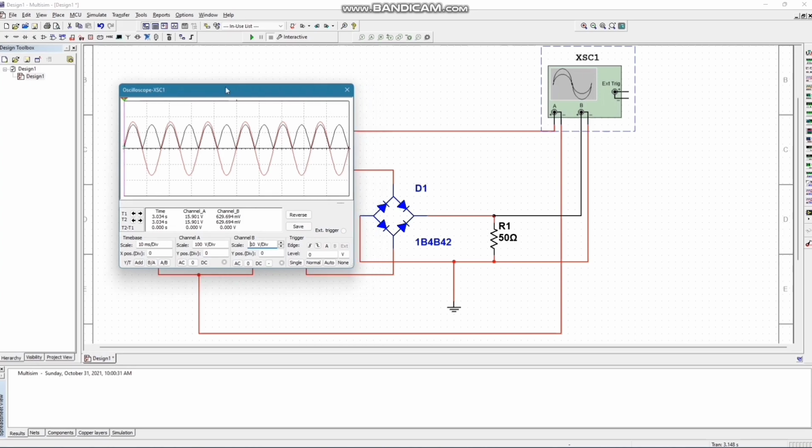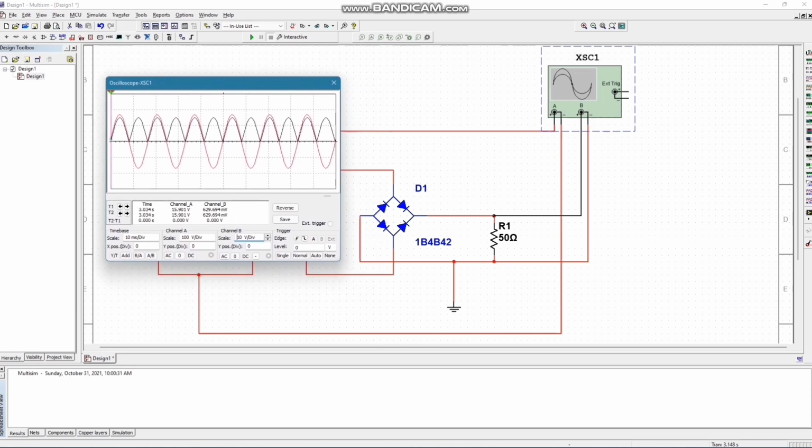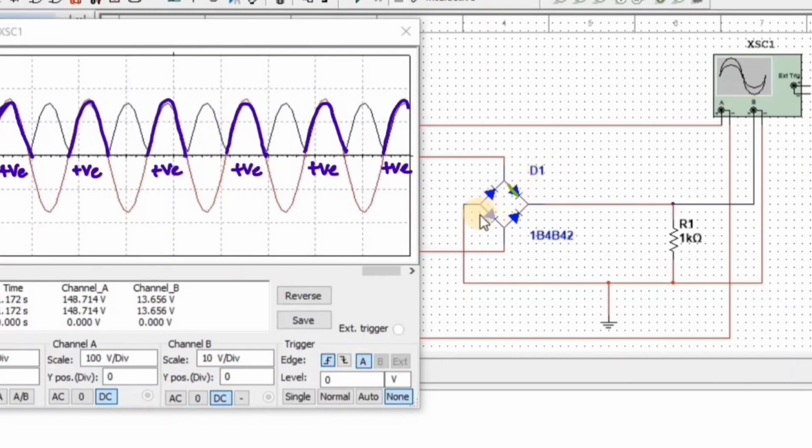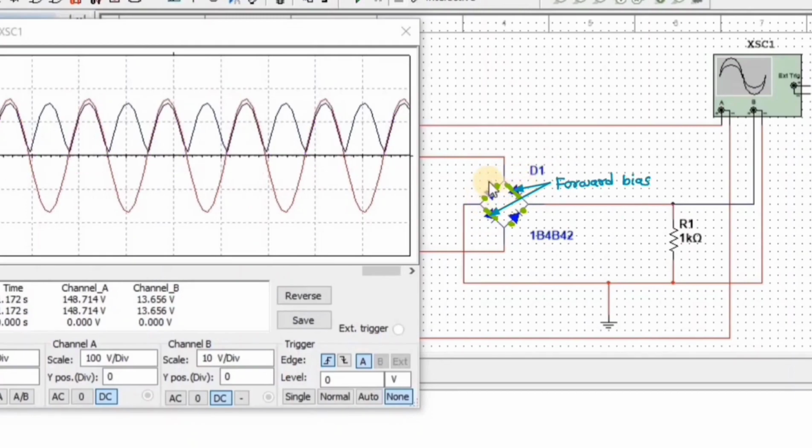Let us now talk about the working of the bridge rectifier. When the input AC signal is applied across the bridge rectifier, during the positive half cycle, diodes say D1 and D3 are forward biased and allow electric current, while the diodes D2 and D4 are reverse biased and block electric current.